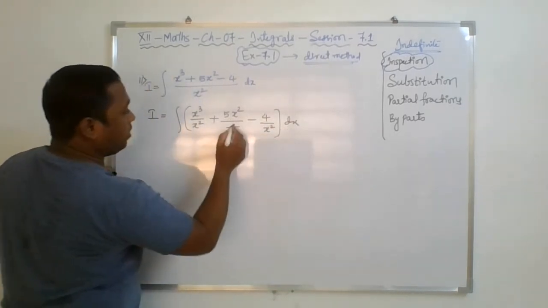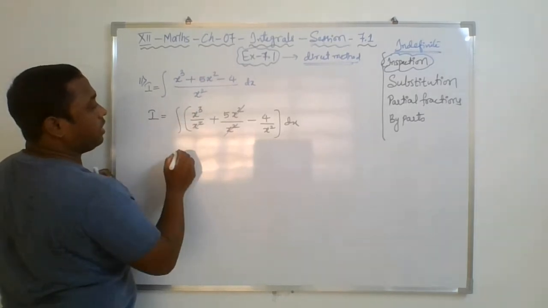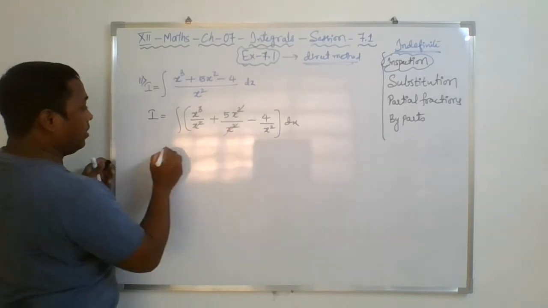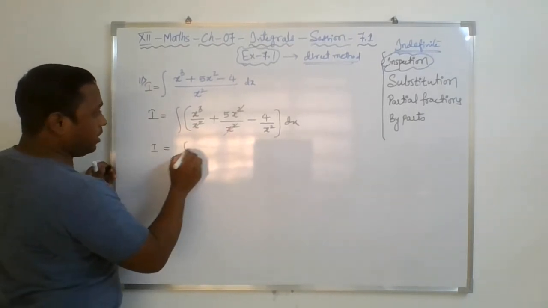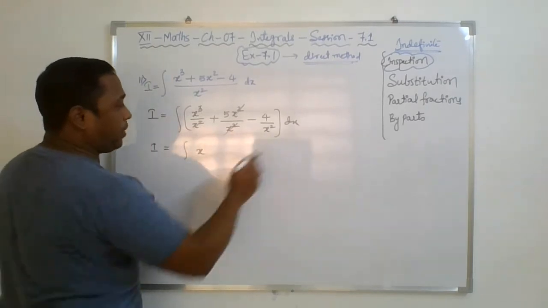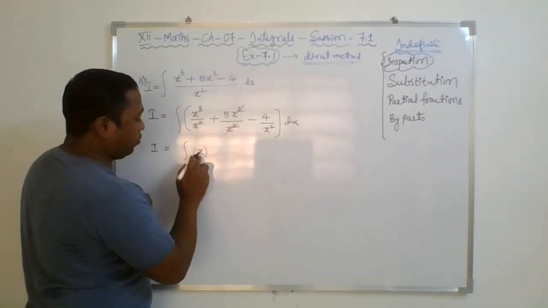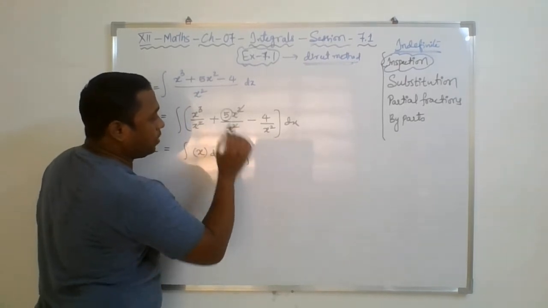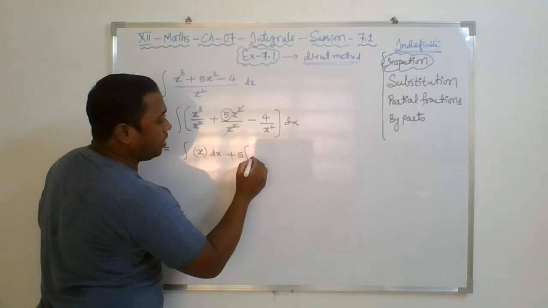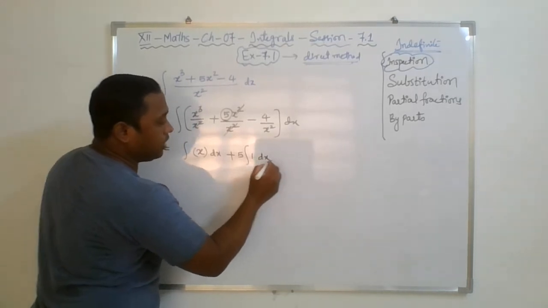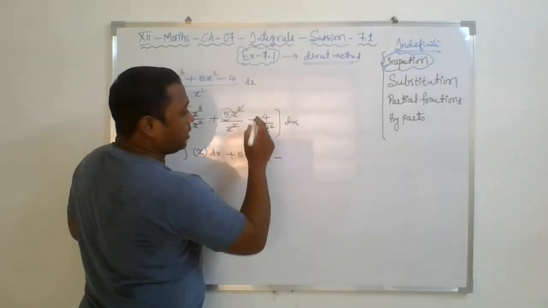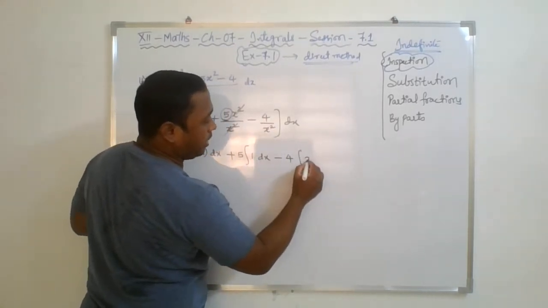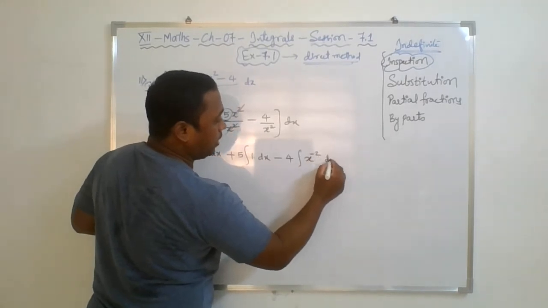Now you can simply cancel these values. x will be left. You can shift this x square into the numerator. So hence this integral can now be separated like integral of x dx plus 5, since 5 is a constant, I can keep it outside, and the coefficient 1 is left into dx, minus 4, since 4 is a constant, I can keep it outside. So 1 by x square can be written as x to the power of minus 2 into dx.